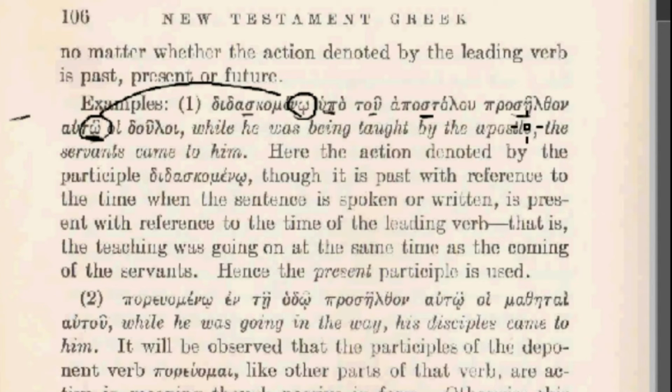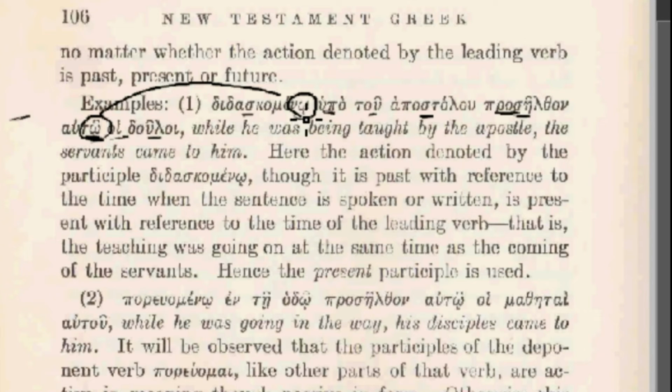Proseilthon, this is from proserkomai, but of course you're going to notice here that we have the second aorist, so it's going to be they came. I know it's going to be plural, third person plural, because the subject of the sentence, again, is hoi douloi. So the slaves came to him. And now notice that the present participle follows the tense of the leading verb.